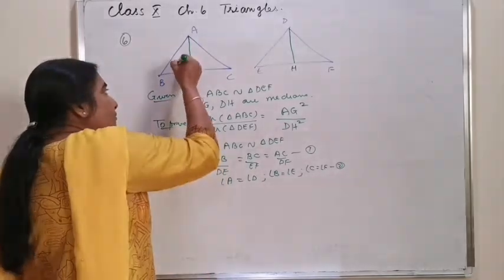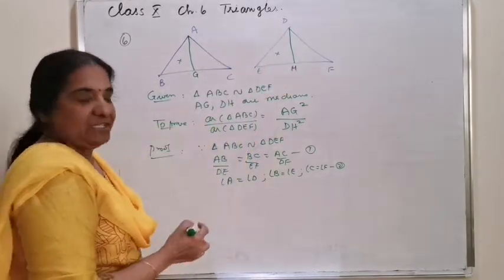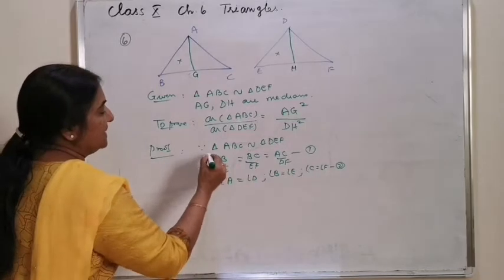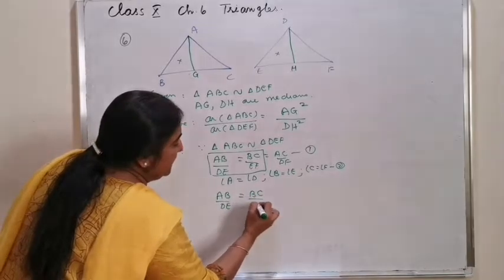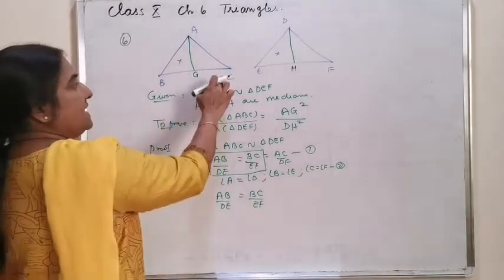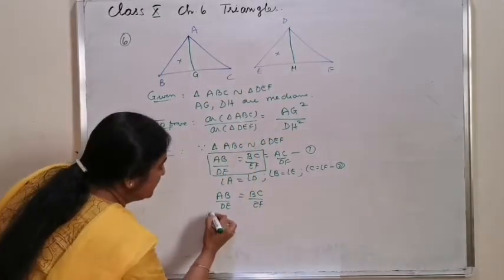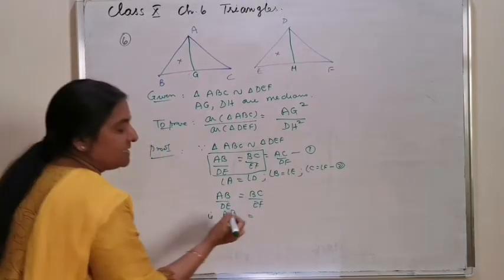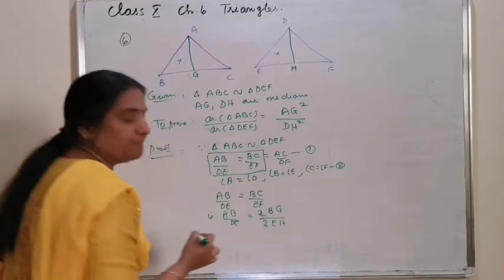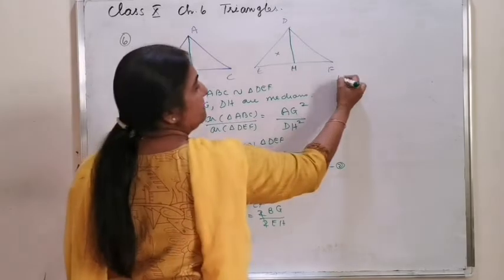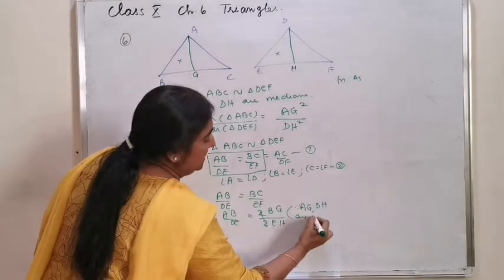Now, prove the triangles ABG similar to DEH. For that, the first condition is AB by DE is equal to BC by EF. BC can be written as twice BG, EF can be written as twice EH. That is, AB by DE is the same as 2BG by 2EH. In triangles, we can mention the reason, since AG and DH are medians.